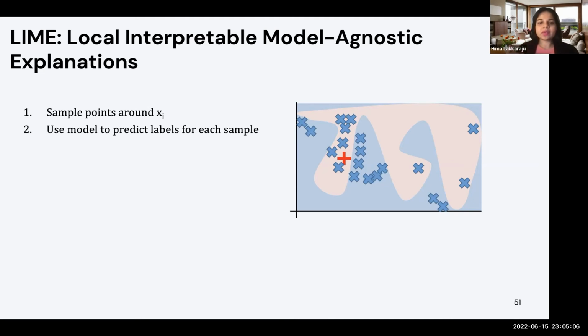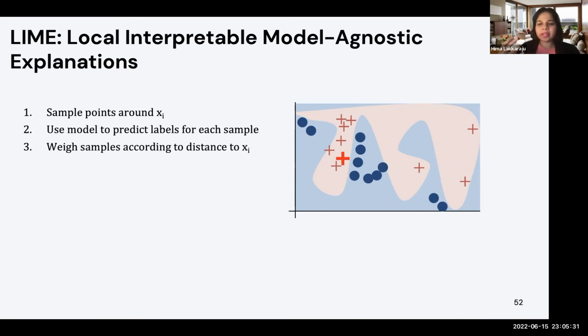Then we use the model that we want to explain to predict the labels for each of these sampled points that we have generated around Xi, right? So we also get the labels for each of these points, which class they belong to according to the labels assigned by the underlying model.